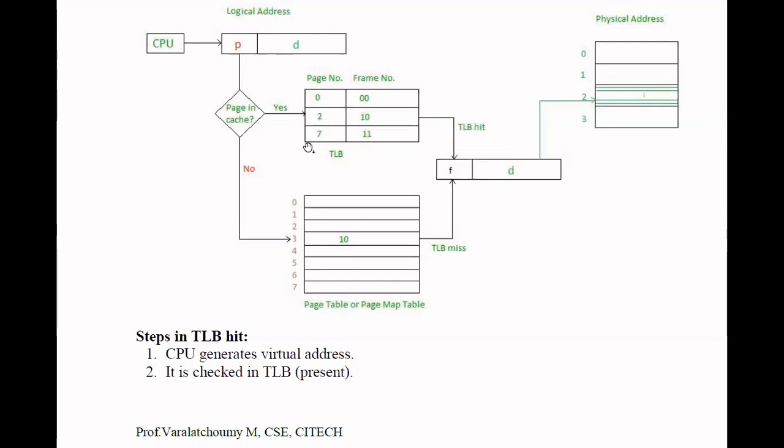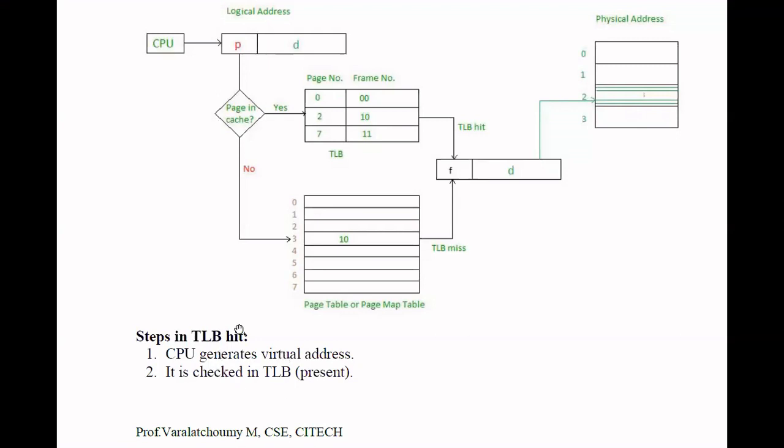As I was mentioning just now, the page details are available in the TLB, so it need not go for picking the page table from the physical address. Directly it gets a frame number, goes and accesses the particular instruction from the physical memory. So it is a hit now. The page is available in the cache. It has been previously retrieved for some reason. So the page is available in the cache and the retrieval goes quite easily. So this is TLB hit.